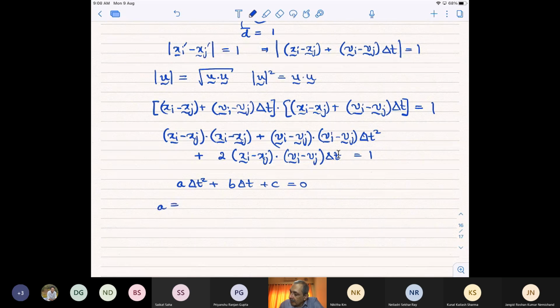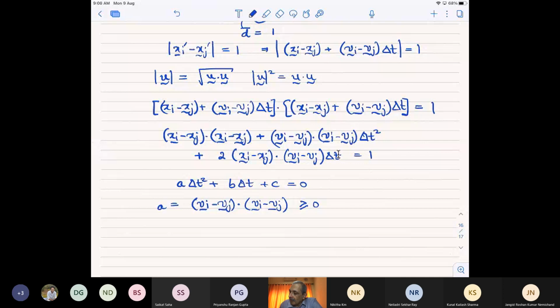A is nothing but vi minus vj dotted with vi minus vj. This is the magnitude of the relative velocity squared. This is always greater than or equal to 0, so that is given to you.